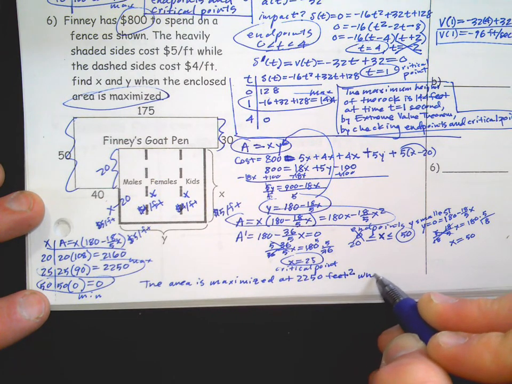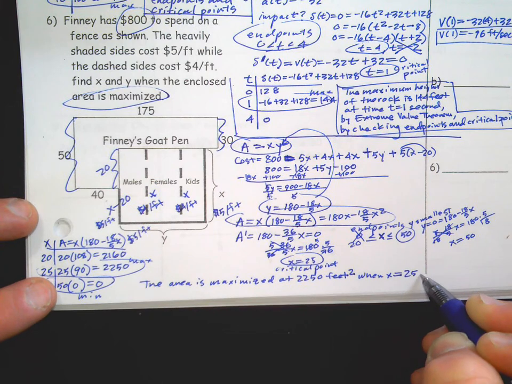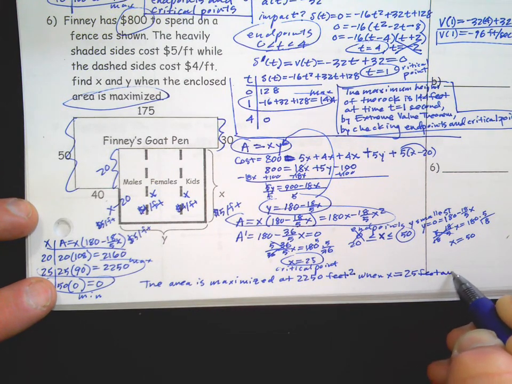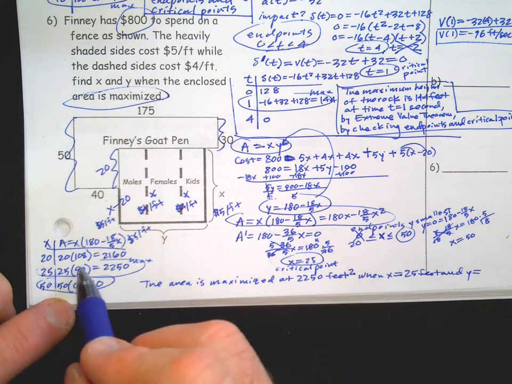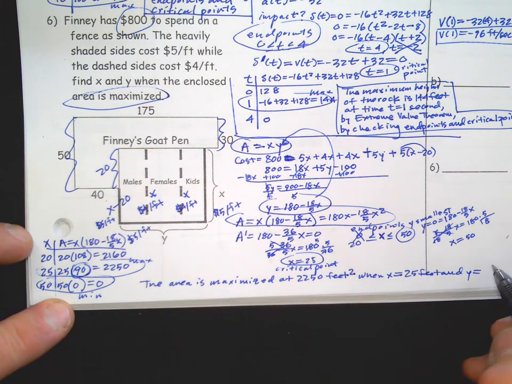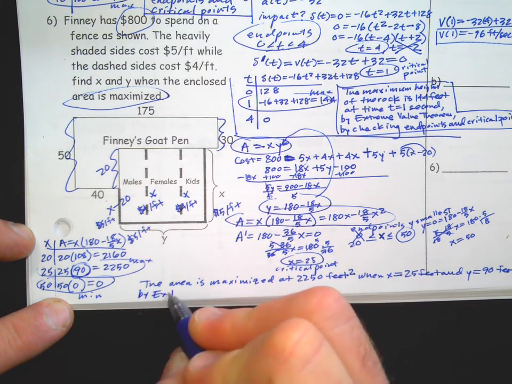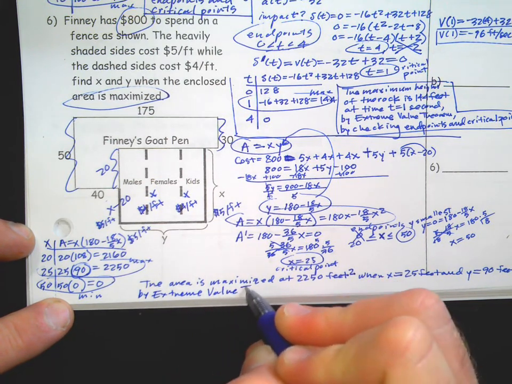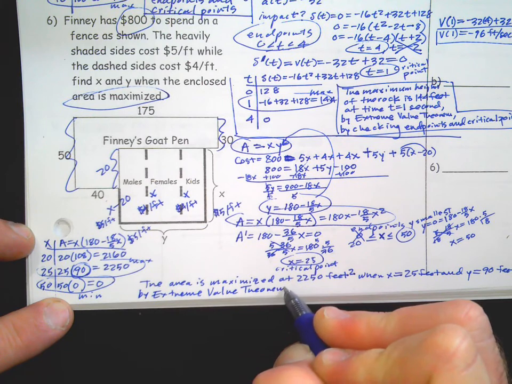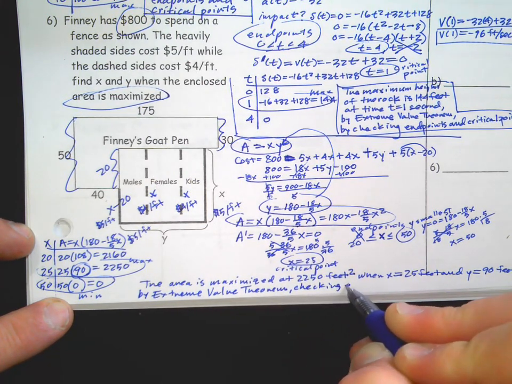When x equals 25 feet and y equals, now that's the y value right there. That's another reason I like that. 90 feet by extreme value theorem. Checking endpoints and critical points.